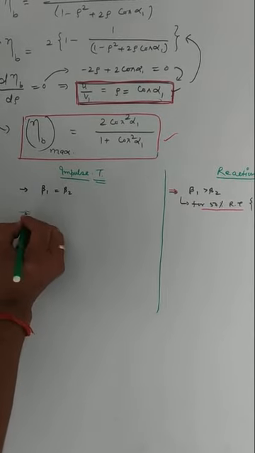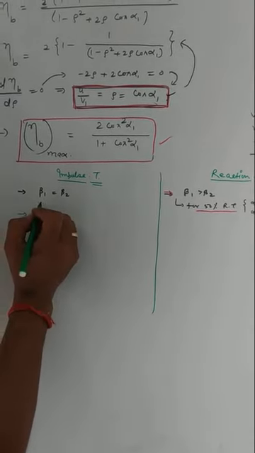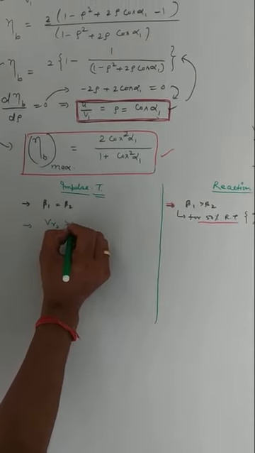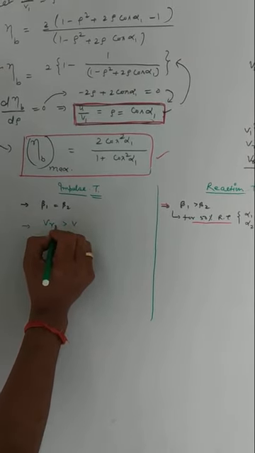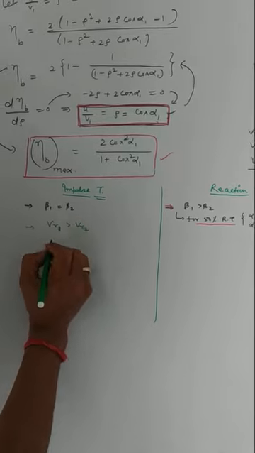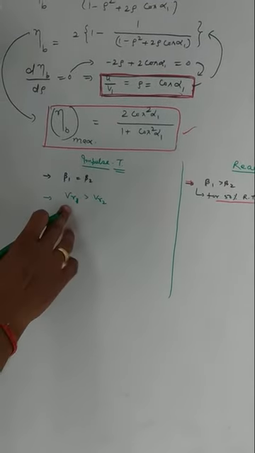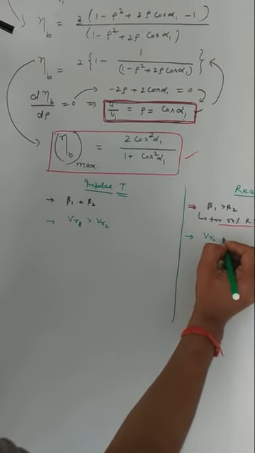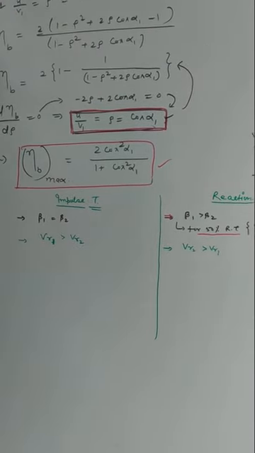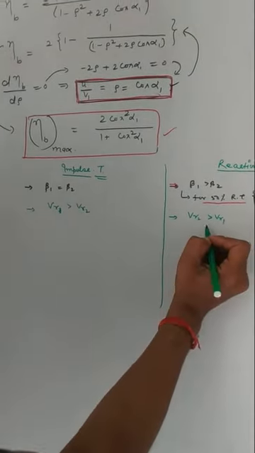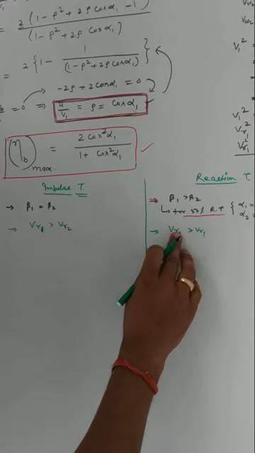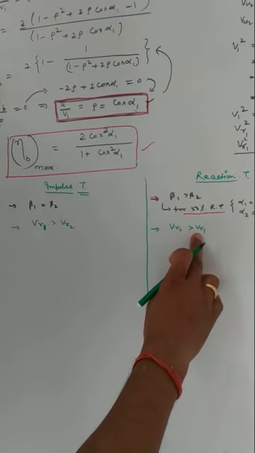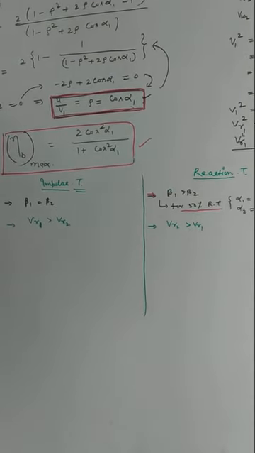The next point is that the relative velocity VR1 is greater than VR2, or you can say VR2 is lesser than VR1, due to the frictional effect in case of impulse turbine.